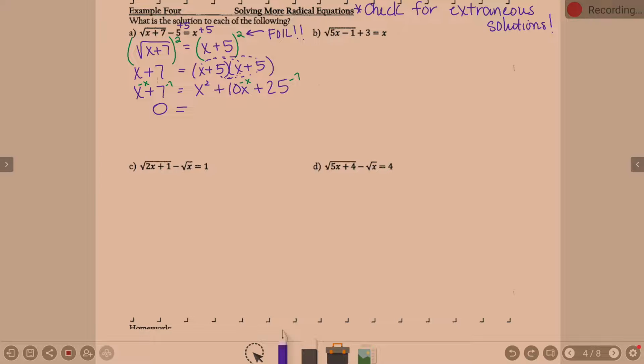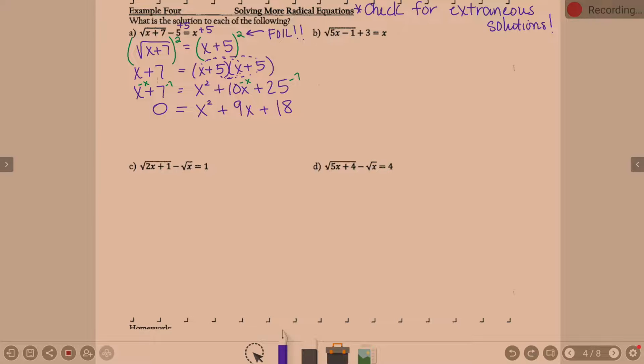X squared stays x squared. What is 10x minus 1x? 9x. Plus 25 minus 7 is 18. Now I have 0 equals x squared plus 9x plus 18.